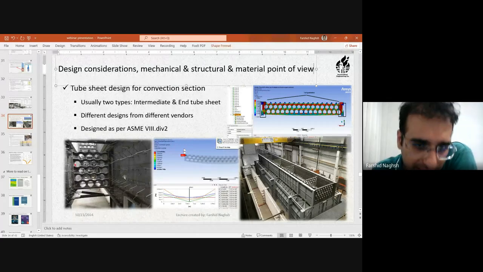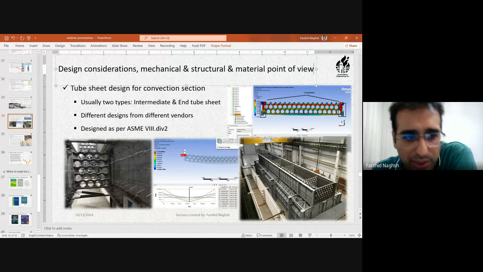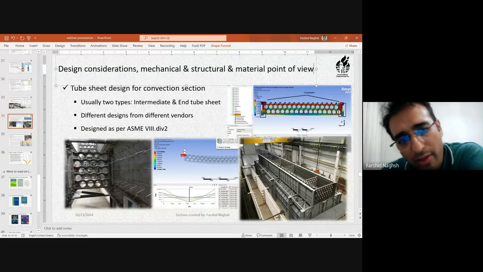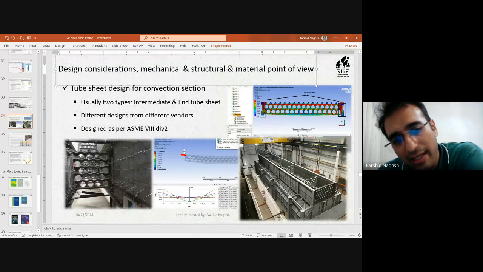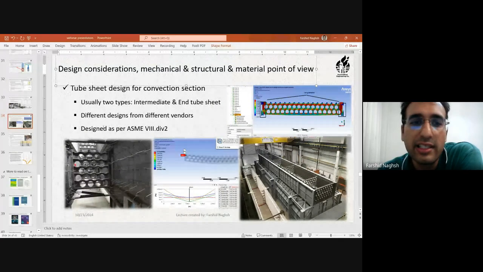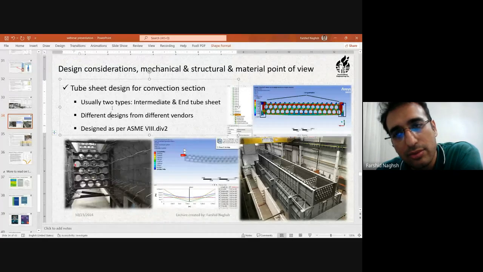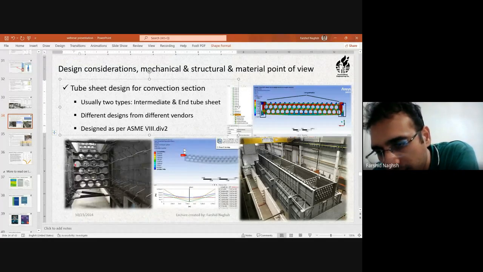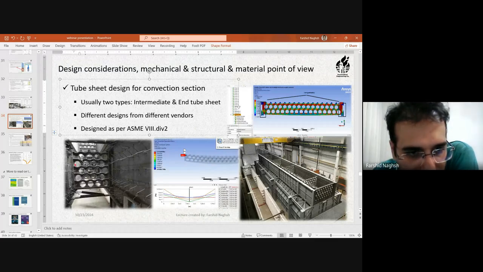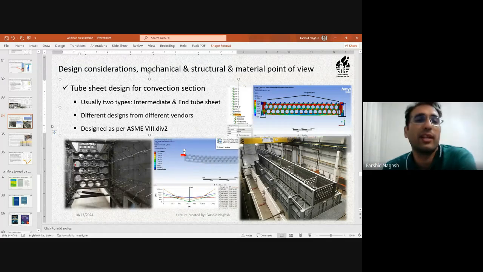So you see here, these are the anchors of refractory. This is the tube sheet. Also, I would like to point out that these tube sheets have different geometries based on the design of different vendors. So you see that here this is a 2D tube sheet. Here this is a 3D tube sheet, and the geometries are quite different.